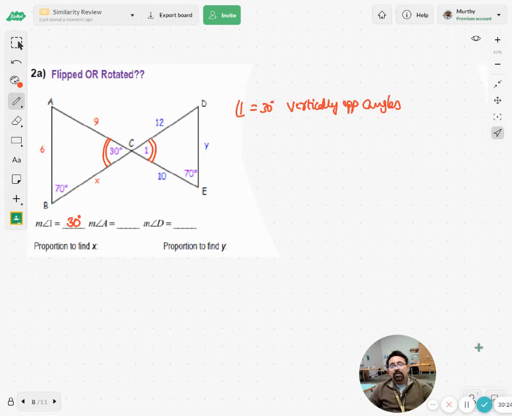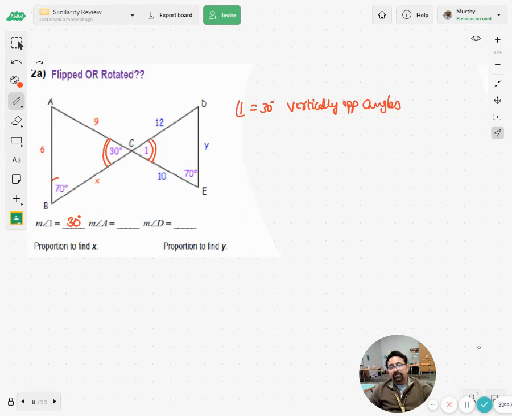Okay. Next, measure of angle A. So that is this one, equals what? Here, arrowheads are not given. Oh, my bad.